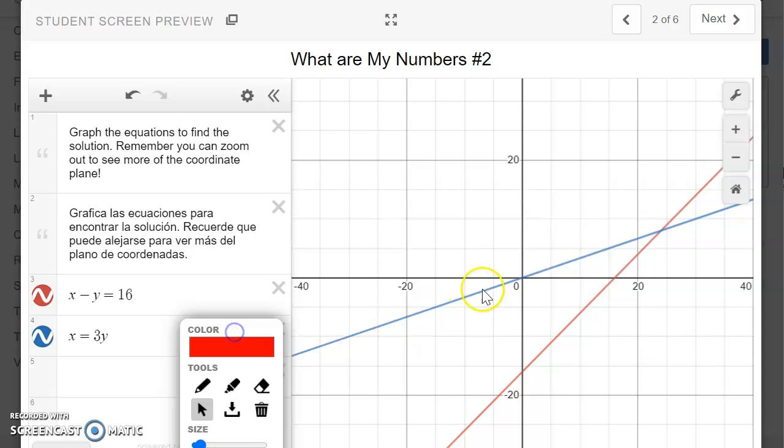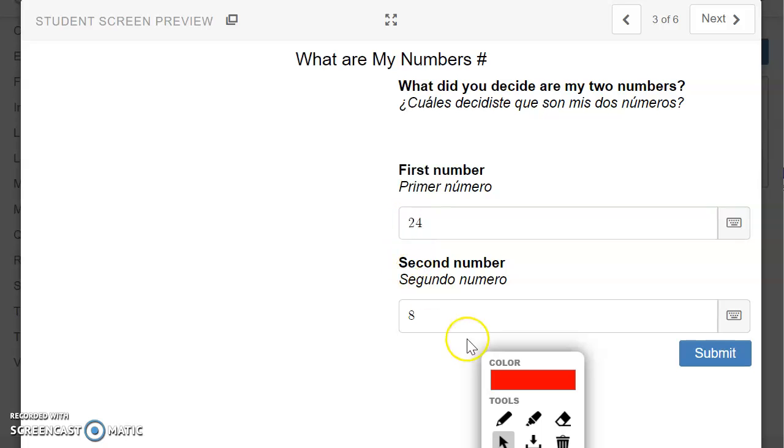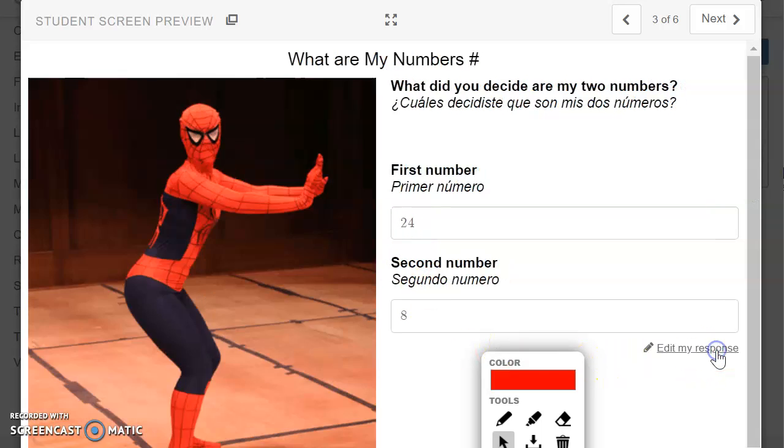If I look at where they intersect, I can always zoom in, or I can also hover on the intersection, and I get the intersection to be 24, 8. And those are my two numbers. The x is going to be equal to 24, y is equal to 8. So I then enter my two numbers and then submit.